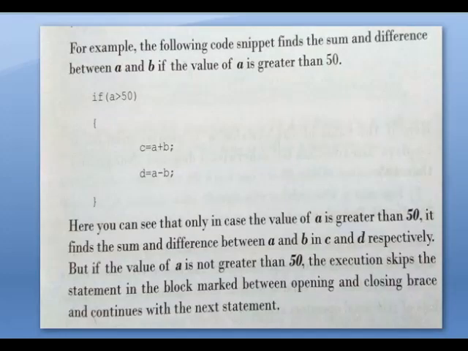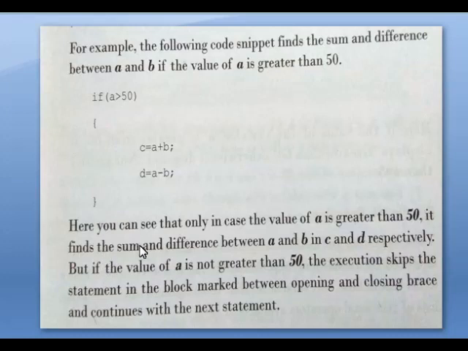Here we are going to see one example. For example, the following code snippet finds the sum and difference between a and b if the value of a is greater than 50. So if a is greater than 50, c equals a plus b, d equals a minus b, and we can do this calculation. If the value of a is less than 50, we cannot do the calculations inside the curly braces.